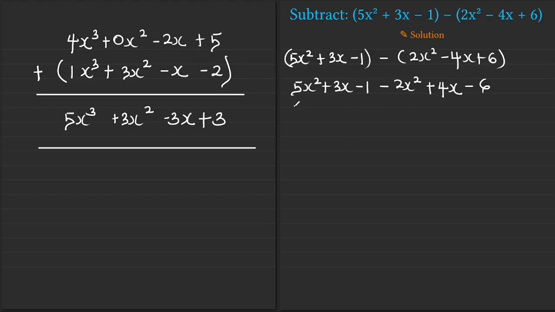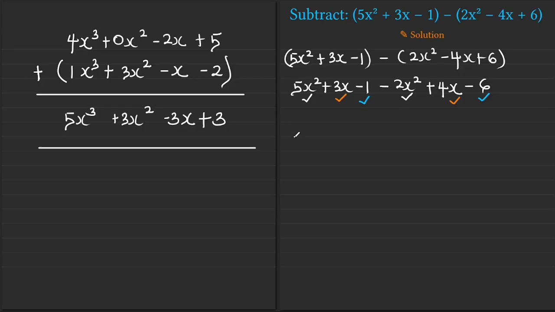Grouping of like terms, we simply mean this is 5x squared. So x squared moves with x squared. Then for the x's, this x also moves with what? This x. Then for the constants, we also have the negative 1 going with the negative 6.